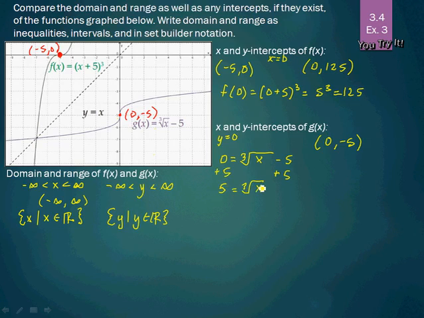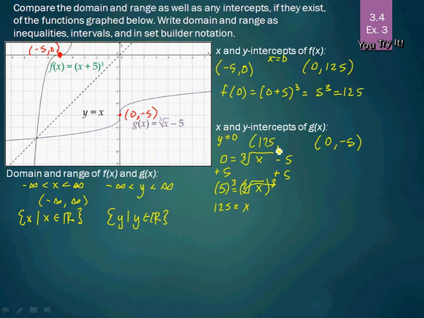Then to get rid of this cube root, we raise both sides to the third power. So 5 cubed is 125 equals x, since the cube root and the third power cancel. Our answer for the x-intercept will be 125, 0.